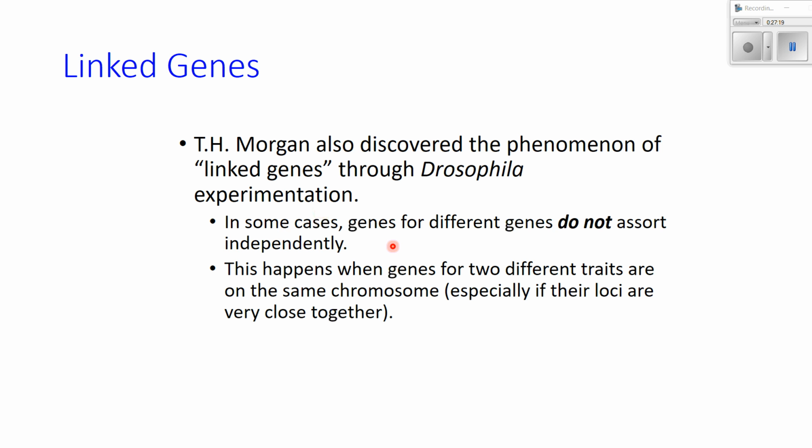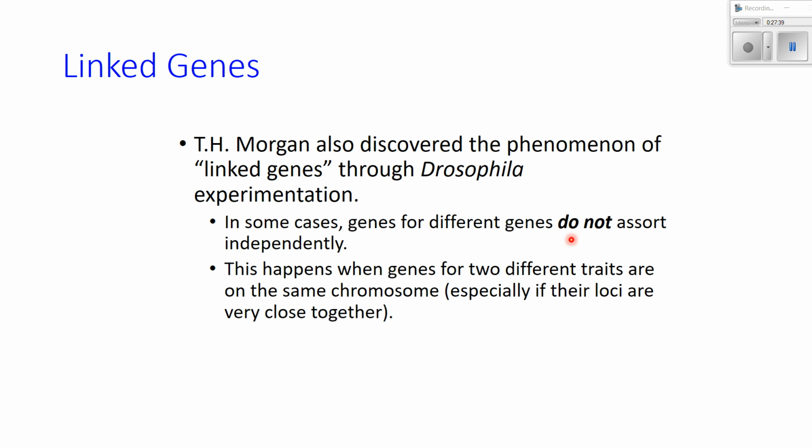So whenever you have genes that are linked, that are located on the same chromosome, they are not going to assort independently. I know that's a little confusing, but that just means they're not going to follow Mendel's law of independent assortment.